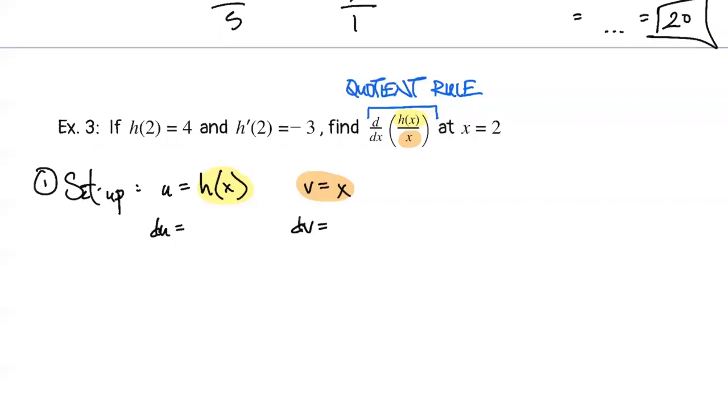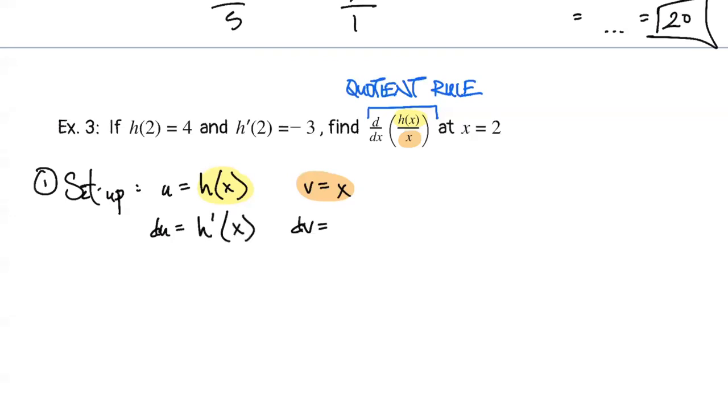All right, let's go ahead and find du and dv. These shouldn't take too long. How can we express the derivative of h of x? Let's write it as h prime of x.